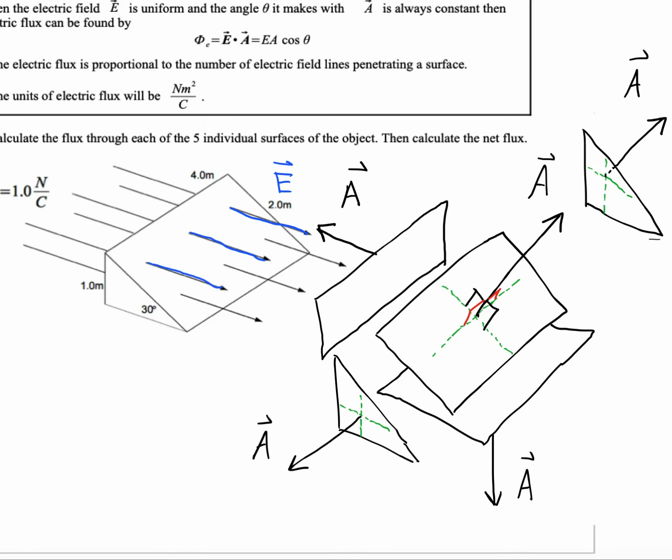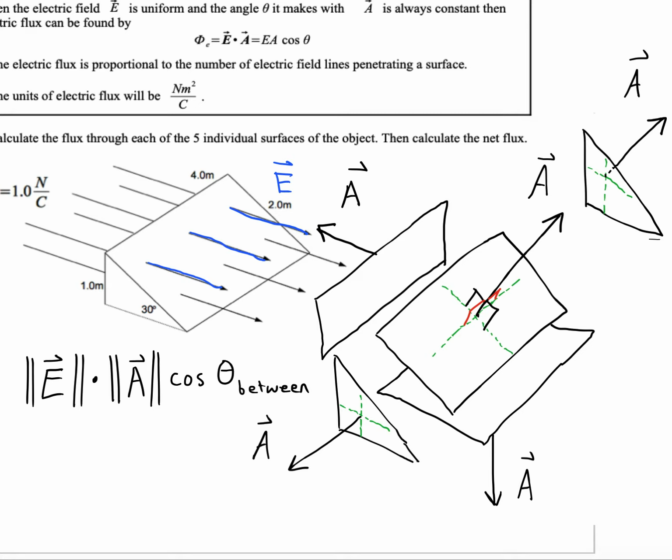Now, if you studied the dot product in Physics 1, you know that a dot product involves the magnitude of the first vector and the magnitude of the second vector, and then a cosine of an angle between them. We see here that the angle of the E vector is totally 180 degrees opposite of the A vector. So that's going to be a theta of 180.